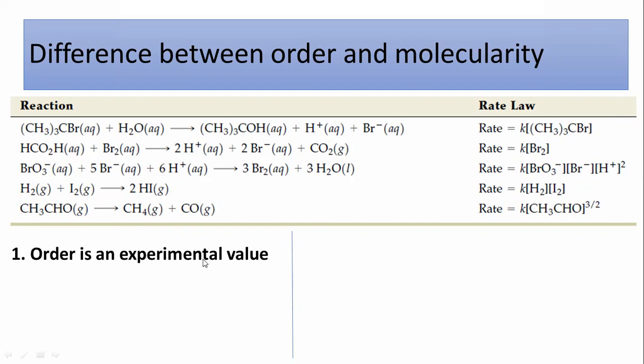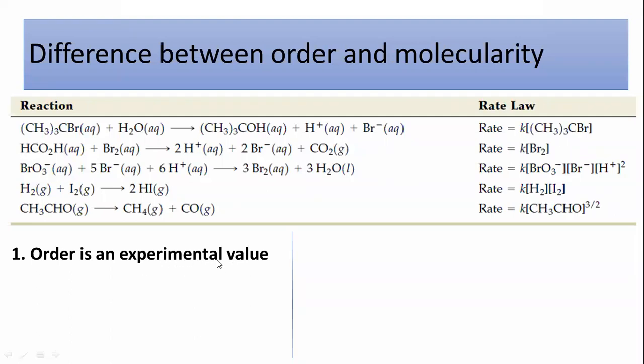You can do some experiment and apply some method to determine the order of the reaction. This is our second phase of the lecture, where I will explain a few methods in which you can determine the order of the reaction. But the only point to understand here is that order must come from the experiment.